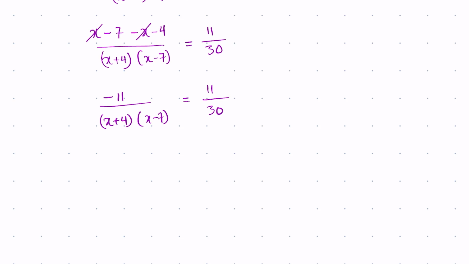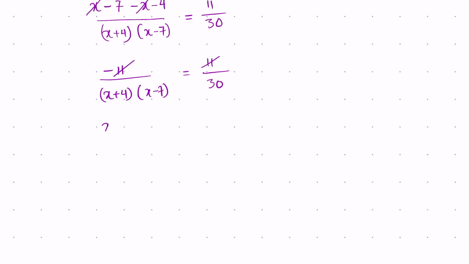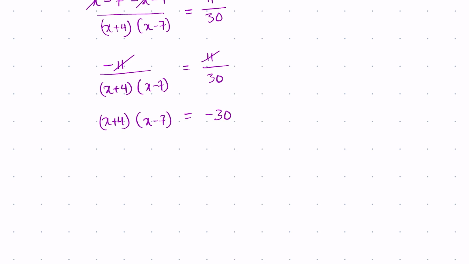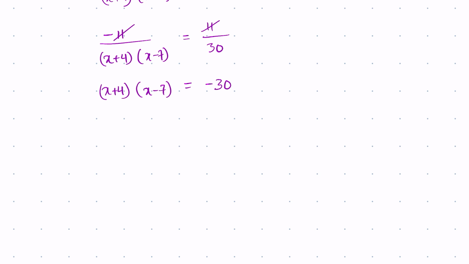So this 11 and this 11 cancel. So we're left with x plus 4, I'm just cross multiplying, times x minus 7 is equal to minus 30, right? Now we open this up.